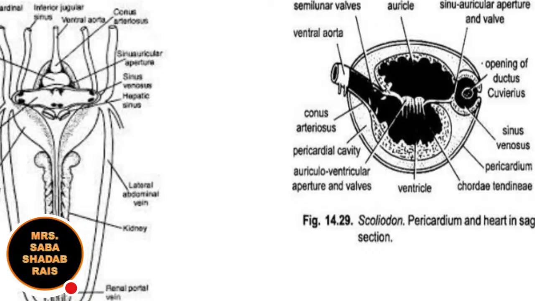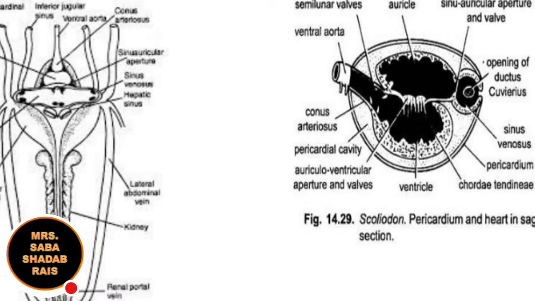Yes, there is an opening, and this opening is called the sino-auricular aperture. I repeat, it is a sino-auricular aperture. This aperture is guarded by a pair of membranous valves, and these valves prevent the backflow of the blood from the auricle into the sinus venosus.